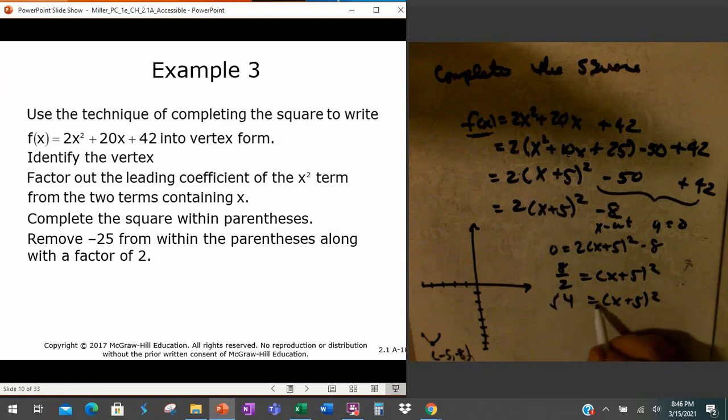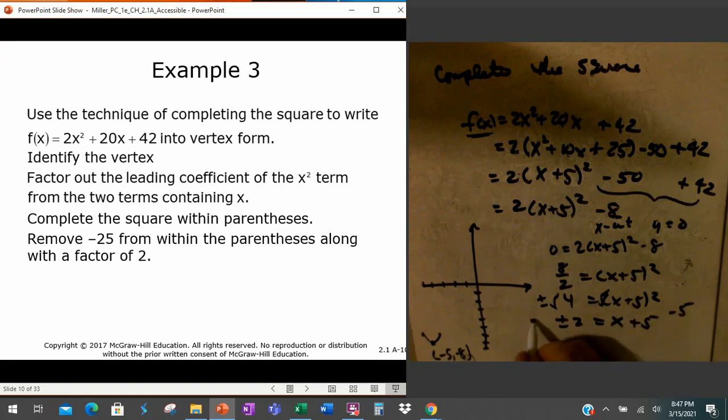Take the square root of both sides. I want to get rid of the square, so I take the square root, and then this has to be plus or minus. So plus or minus 2 is equal to x plus 5, and then I want to subtract off my 5 from both sides.